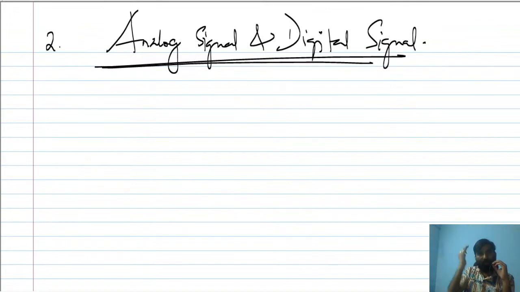First, the birth of a signal will be analog only. Then there are systems which can convert an analog signal to a digital signal, which we call an A to D converter. So most candidates who do research in analog design analog to digital converters, sigma delta converters, or digital to analog converters, because the birth of a signal is analog in nature.